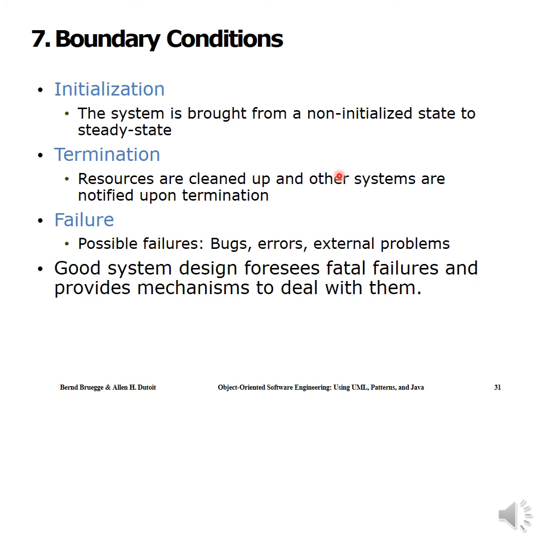A boundary condition will decide how the system is initialized, shut down, and started, and how it deals with major failures such as data corruption, bugs, and errors. The use cases that deal with these conditions, with initialization, with termination, with failure, are called boundary use cases.